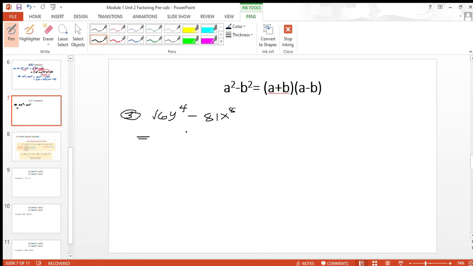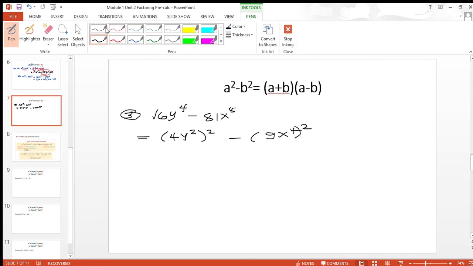So this will now be the same as 4y squared, the quantity squared. That will be 16y to the fourth minus, that will be 9x to the fourth raised to 2. For 81, 9 squared is 81, x to the fourth squared is x to the 8th.